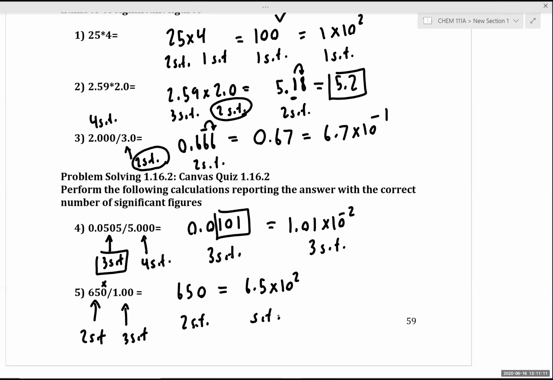So the answer for the first one, is it the 1.01? Yes, 1.01 times 10 to the negative second. Both of the ways that we've written our final answer are valid. So it's really up to preference how you want to present it. For quizzes and exams, is it all going to be on Canvas where we just have to write it in its full numerical form and not scientific notation?